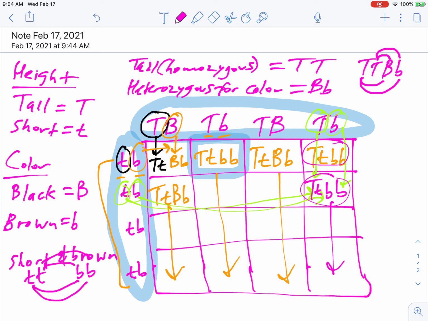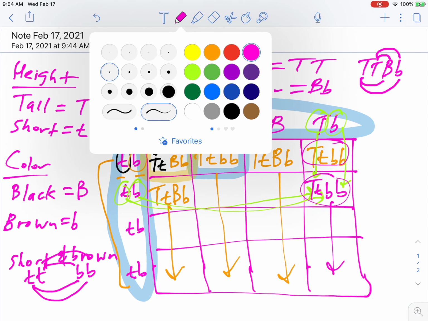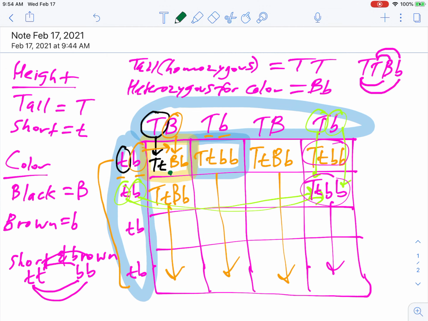So what I suggest to students to do is to come up with a marking system. So what do I mean by that? If I'm analyzing my first box and I see big T, big B, little b, what I tell students to do is put a little mark in that Punnett square, some kind of symbol. I drew a green dot to represent heterozygous for both traits.